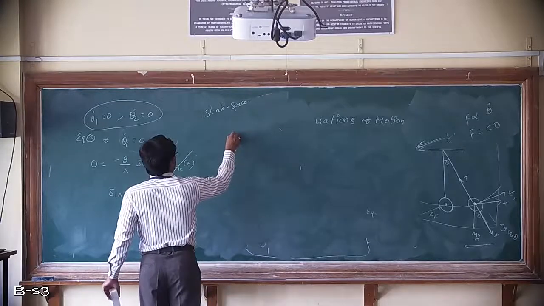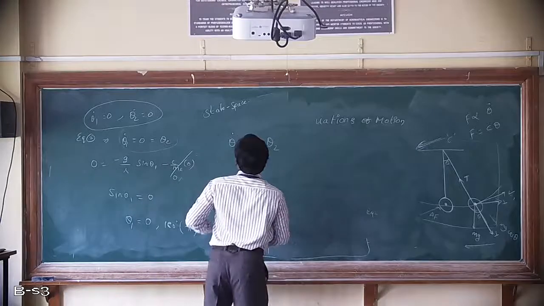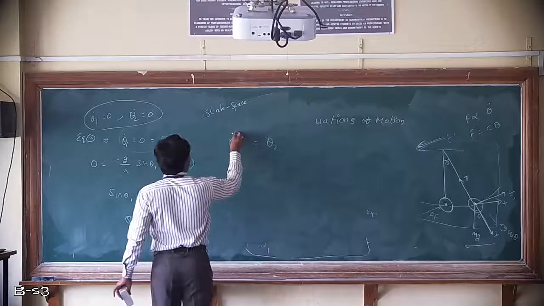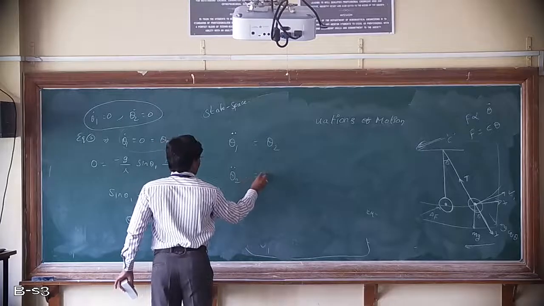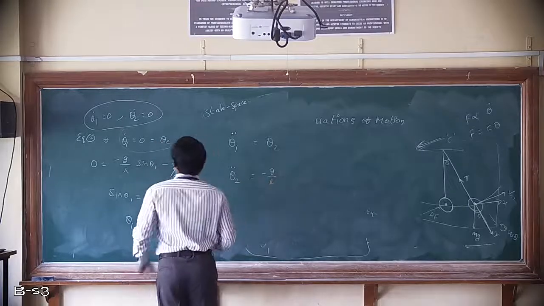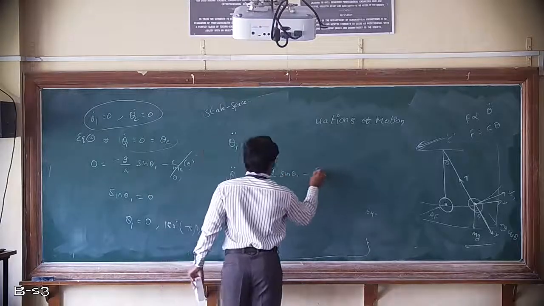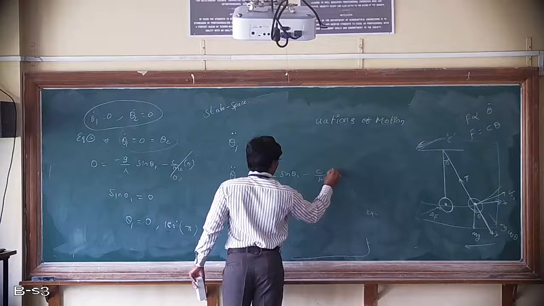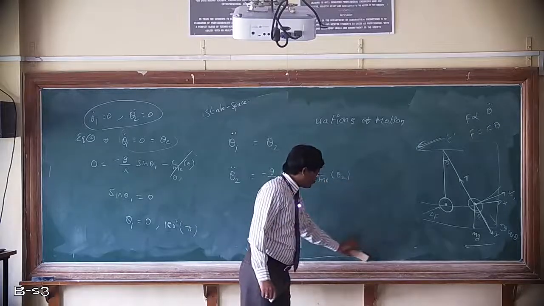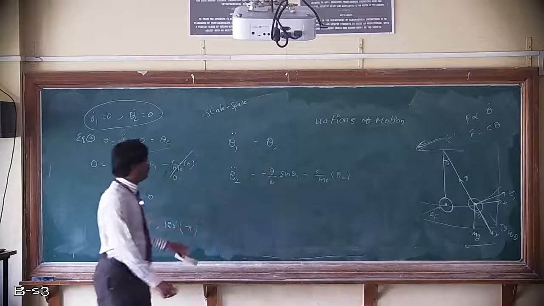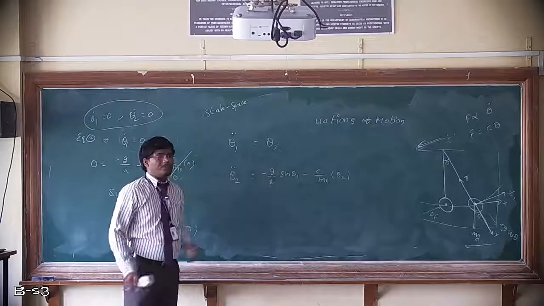Theta 1 dot is equal to theta 2, and theta 2 double dot is equal to minus g by L sin theta 1 minus c by ml theta 2, right? So we split this.